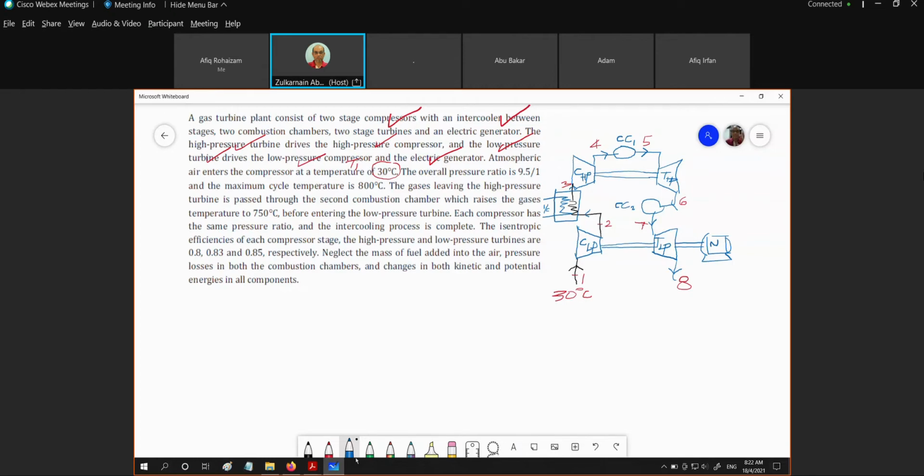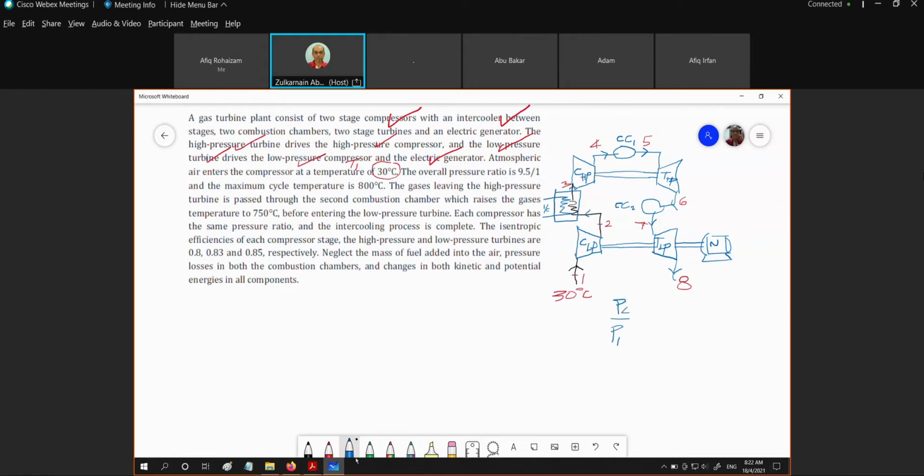So meaning that this is the minimum. So P1 should be our minimum pressure. And the maximum pressure is the exit pressure after the last compressor. So in this case it is P4. Right? So this is P4.